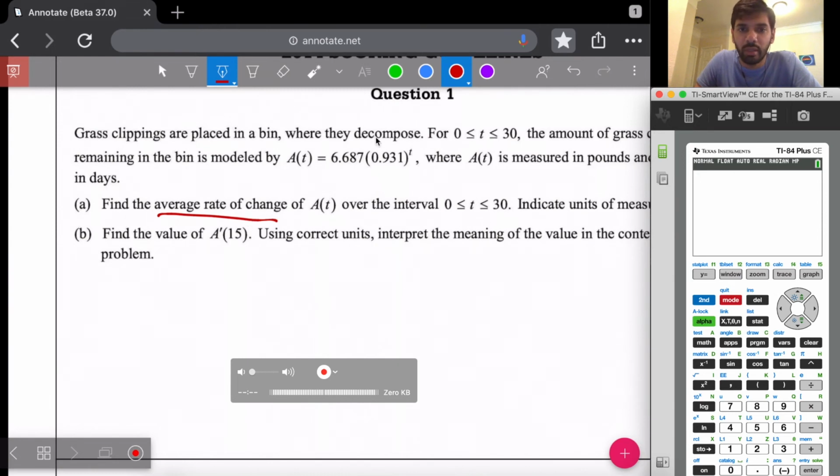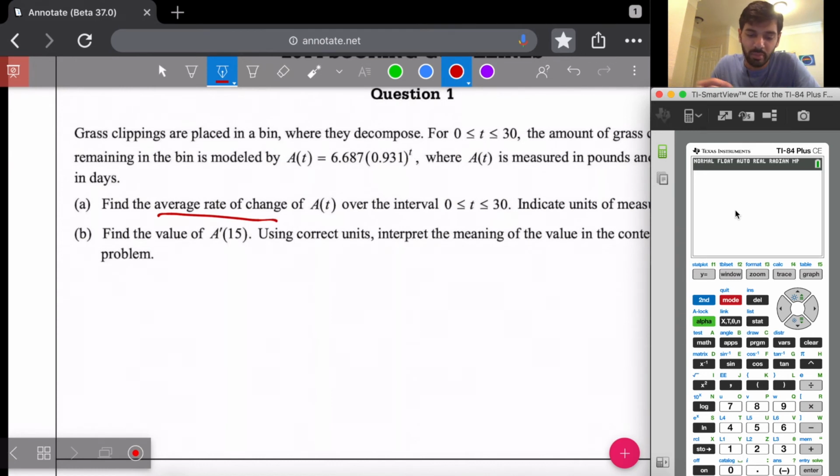Part A is just simply typing in this guy right here with 30 and 0 plugged in. So what you're typing in would look something like this: A of 30 minus A of 0 over 30 minus 0.